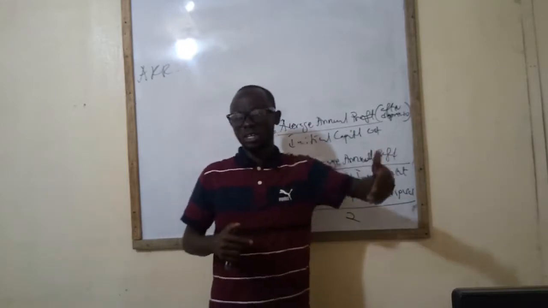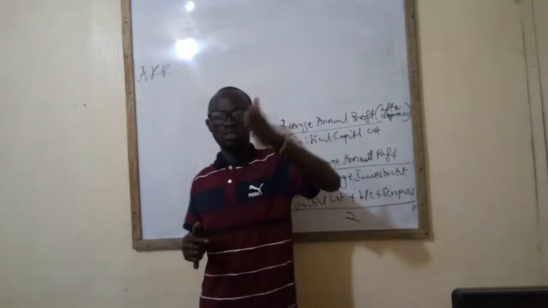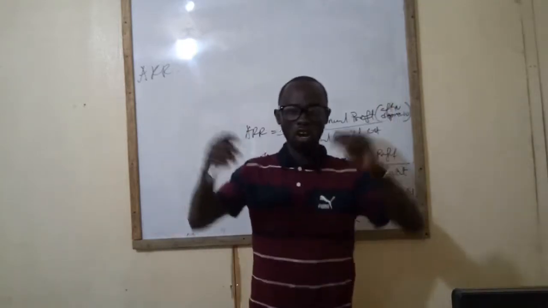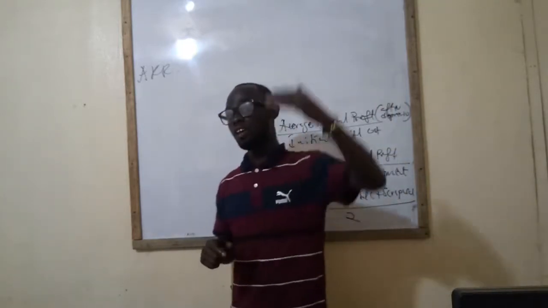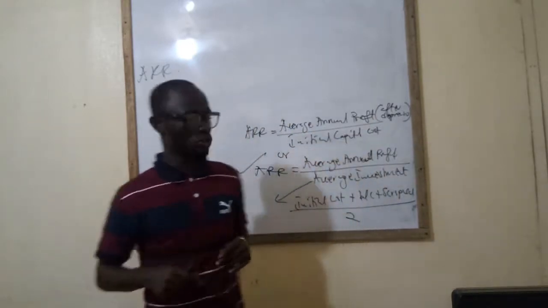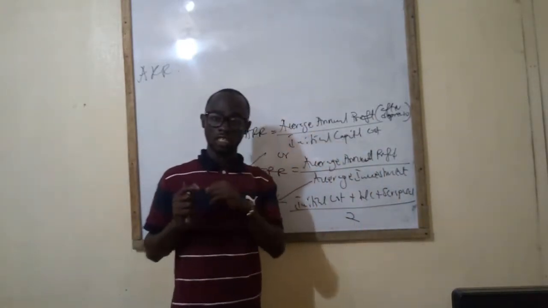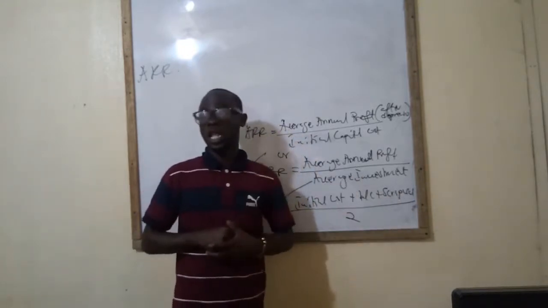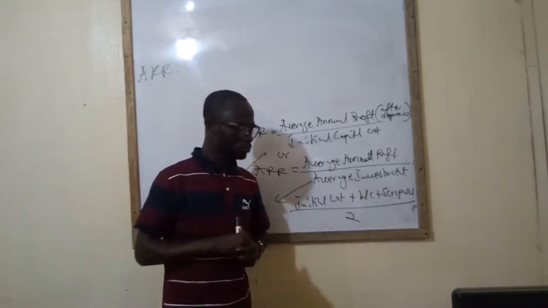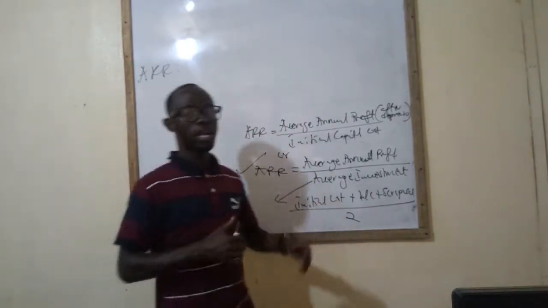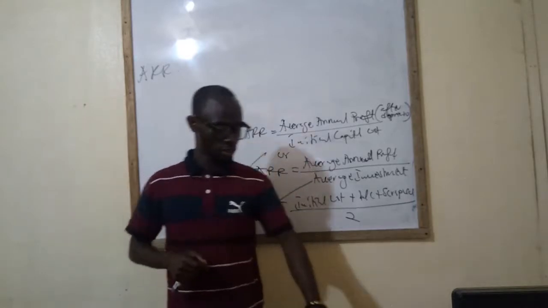What is the working capital, that is the day-to-day maintenance of the asset? And then what is the scrap value? At the end of the economic useful life of the asset or at the end of the project, how much can we sell the asset for? We have to take that into consideration if it is in the question. So we divide those by 2 and that gives us our average investment. Let's look at a question in relation to how this formula makes sense in practice.